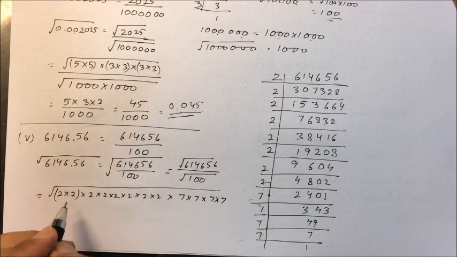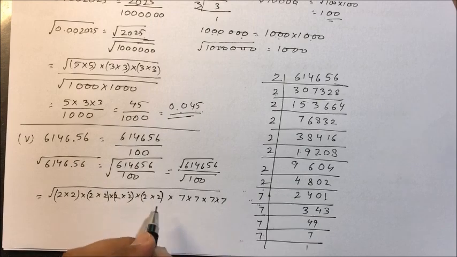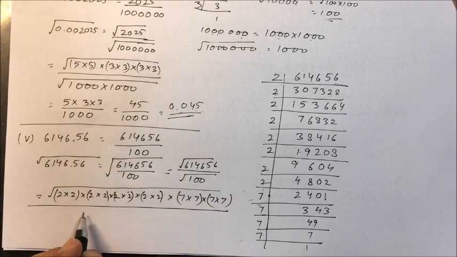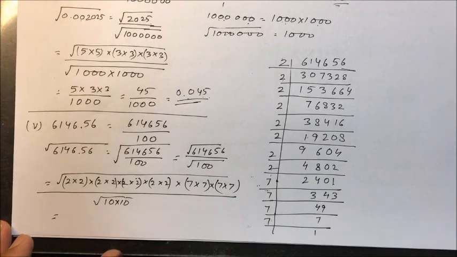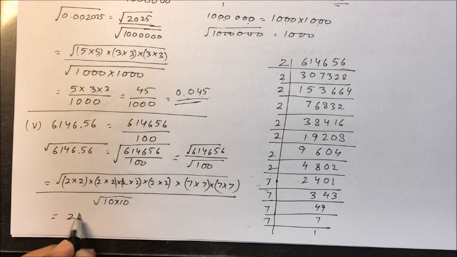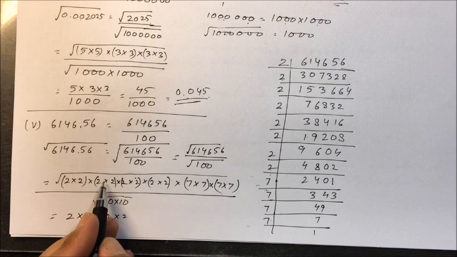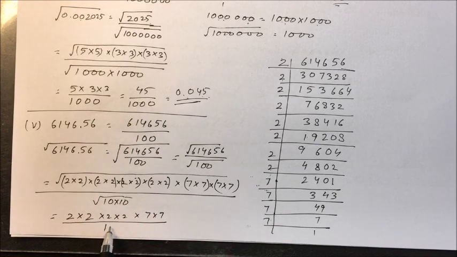Now make the pairs, divided by root of 10 into 10. Now from each pair we will take 1: 2 into 2 into 2, into 7 into 7, divided by 10.